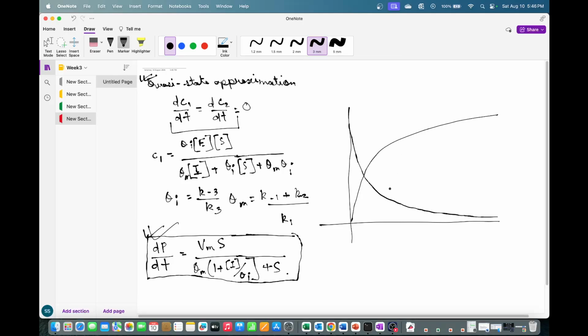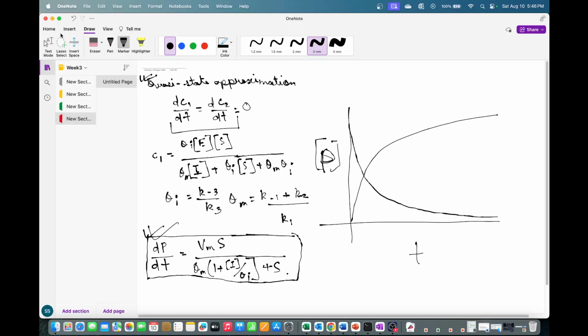So this type of hyperbolic curve, this is basically your substrate concentration, and this is basically the product.